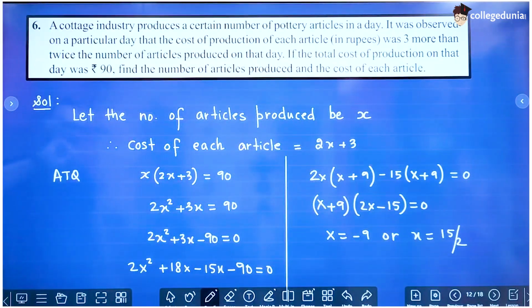Minus 9 is also not correct. Number of articles should always be an integer. So let me check where I have done it wrong. It was observed on a particular day the cost of production of each article was 3 more than twice the number of articles produced.